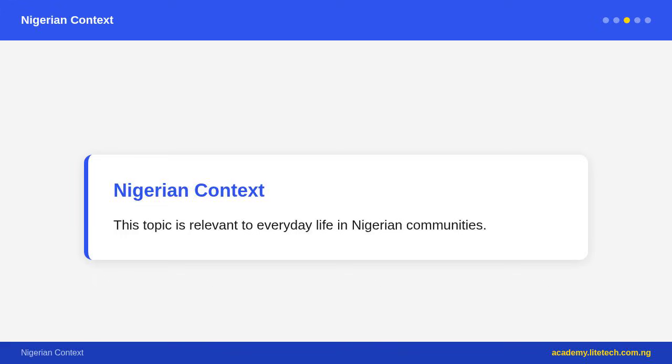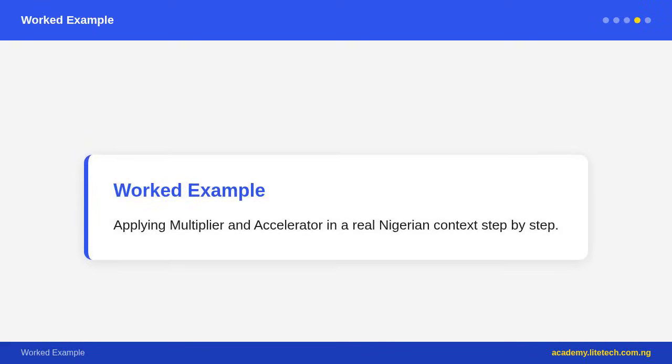Example, if V equals 3 and income rises from 1,000 billion to 1,200 billion naira, net investment equals 3 times 200 billion equals 600 billion naira. If income then grows more slowly, rising from 1,200 billion to 1,300 billion, net investment falls to 3 times 100 billion equals 300 billion, half of the previous period's investment, even though income is still growing.